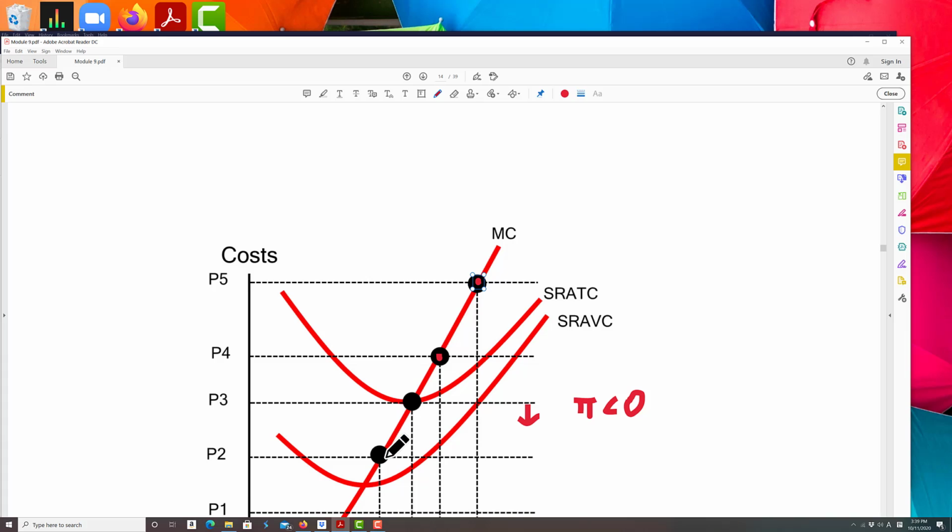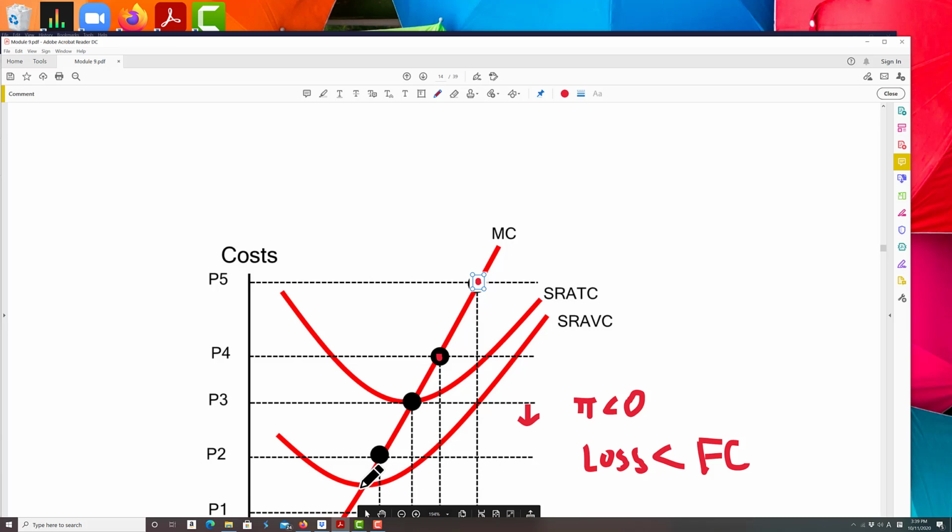If price is above the minimum of average variable cost, the loss will be less than fixed cost. So you should keep producing the output.